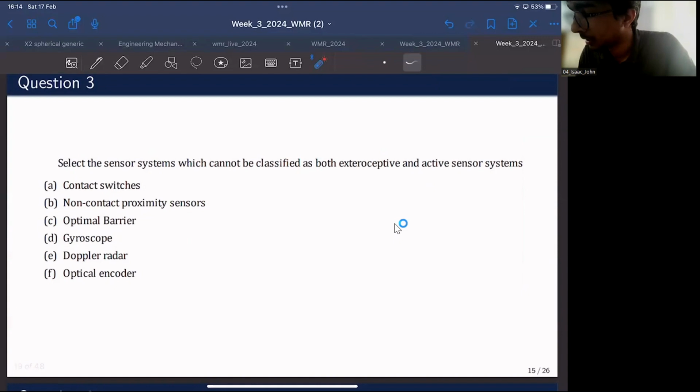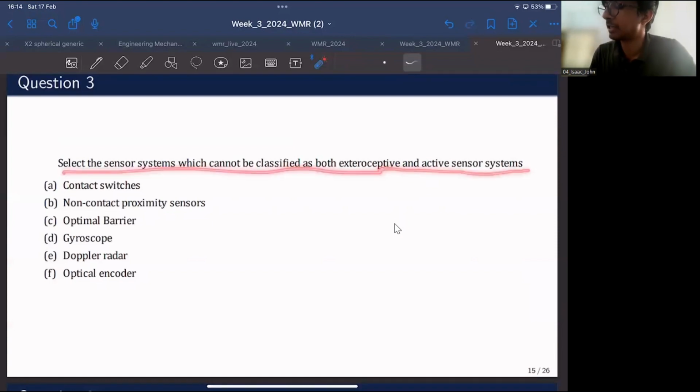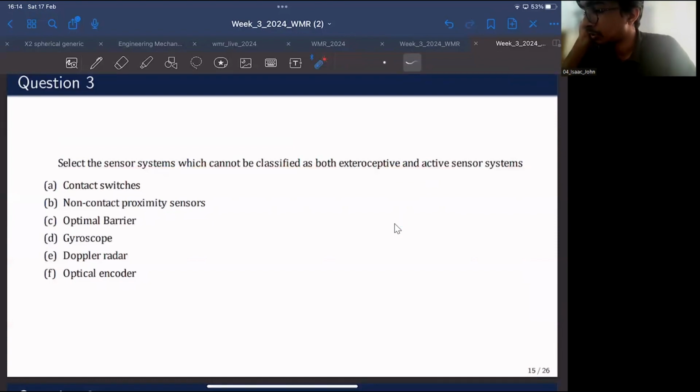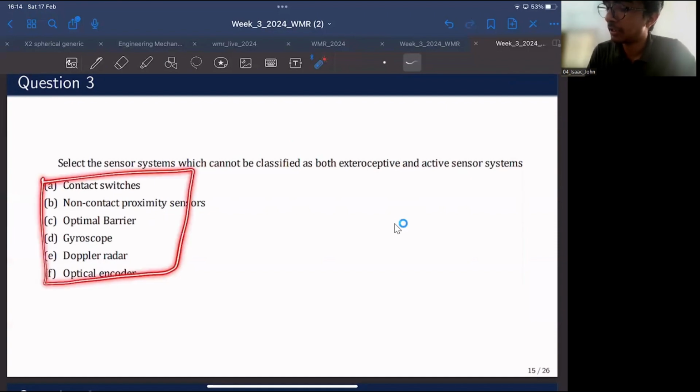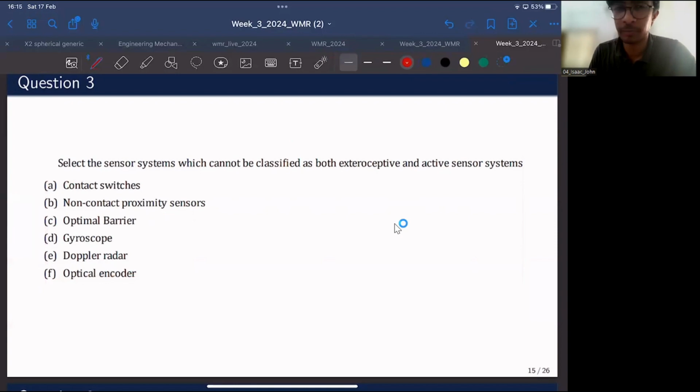Okay, so it says select the sensor system which cannot be classified as both exteroceptive and active sensors. So out of all the sensors given in these options, it cannot be exteroceptive and it cannot be an active sensor either.